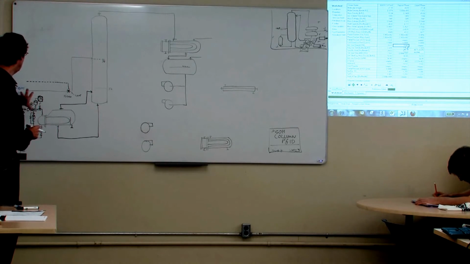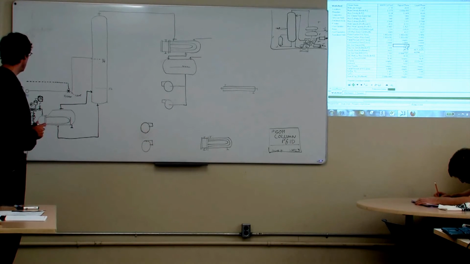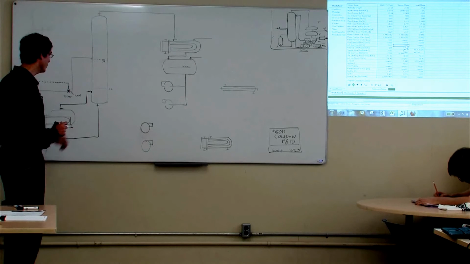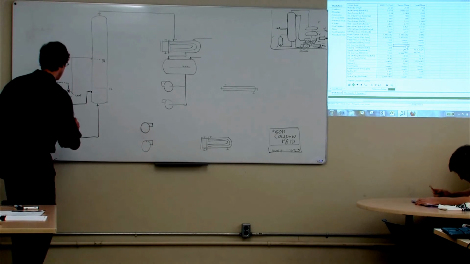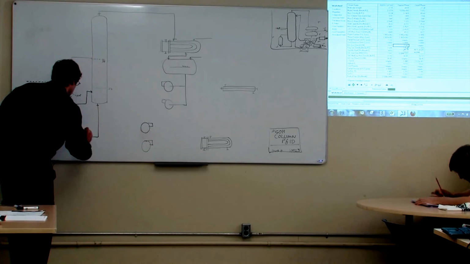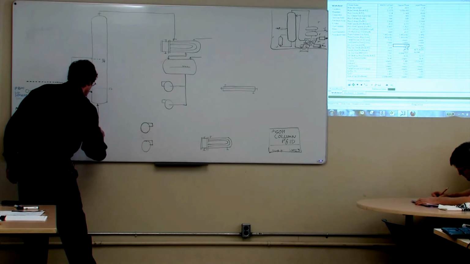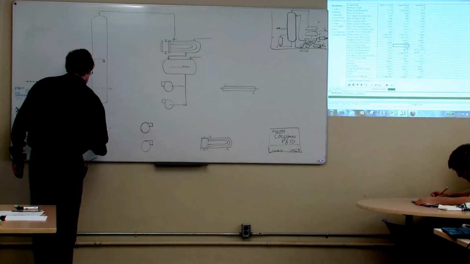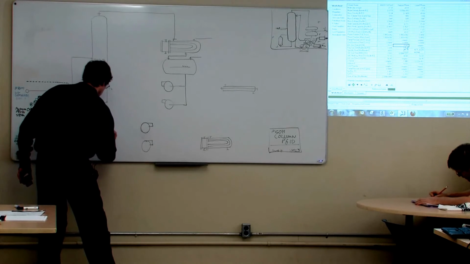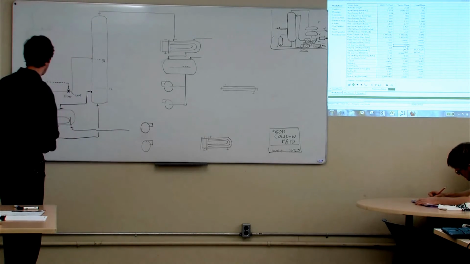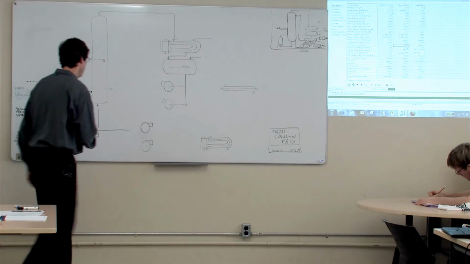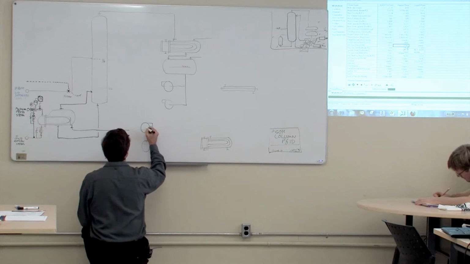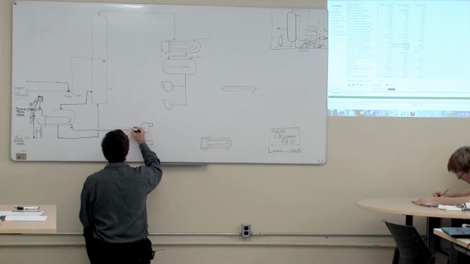Okay, so we know we've got steam control here. That's got to get hooked up from something in the bottoms control, and we've also got to get the liquid out of the tower. So horizontal lines break vertical lines. And we've got our pump system here.